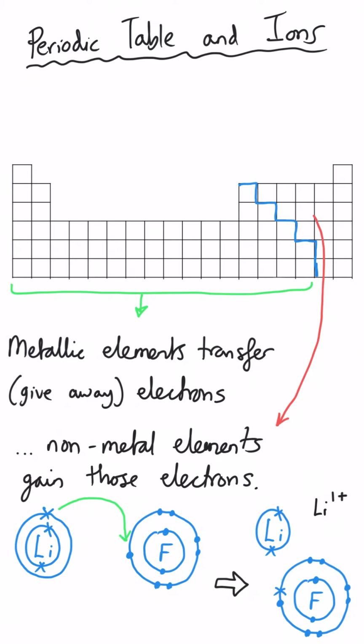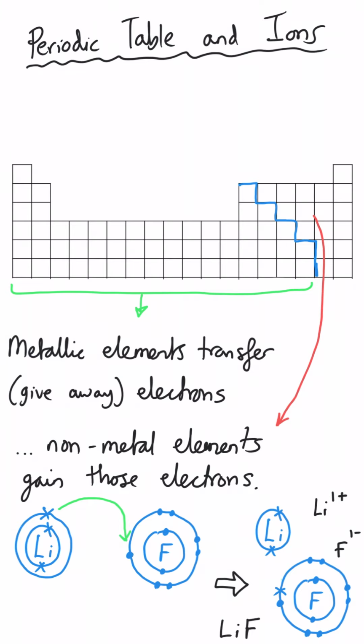Whereas the fluorine had 7 of its own dots, it's now gained the cross from lithium's outer shell, and so the right-hand side is showing that fluorine now has an outer shell of 8 electrons, and it's an ion, so it has become the fluoride ion. So electrons have transferred from the outer shell of the metal to the outer shell of a non-metal in order for the full shell to be achieved.